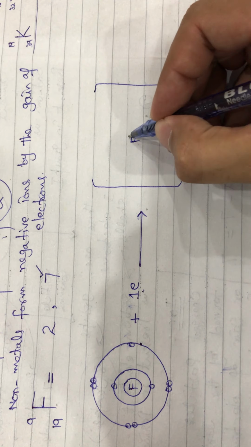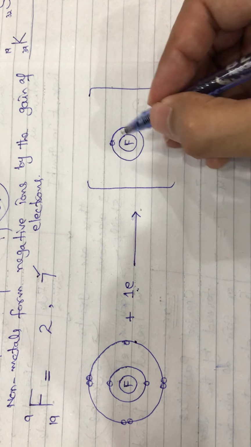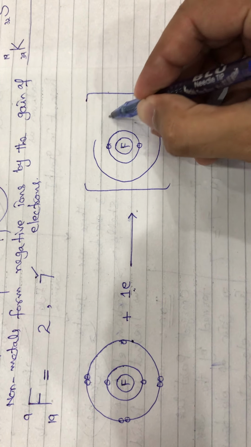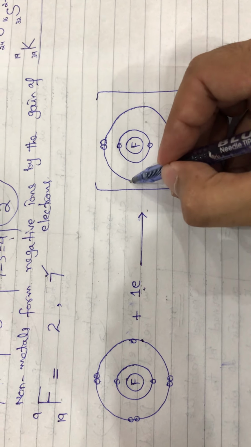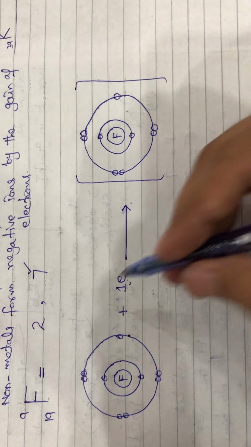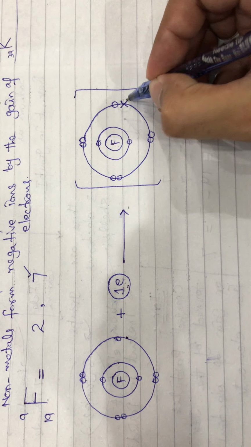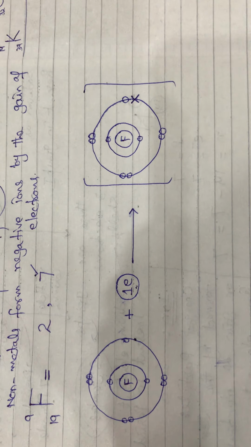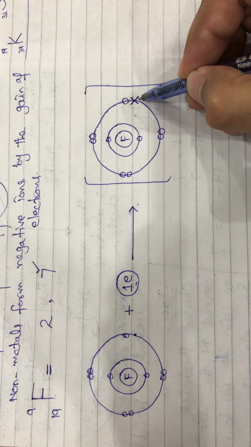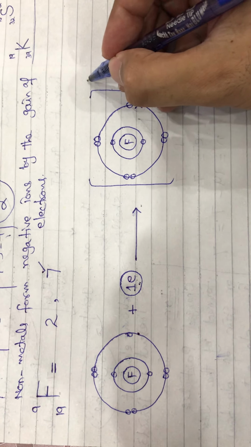Now what would be the electronic structure of the fluorine atom, fluorine ion, sorry. So fluorine in its first shell, how many electrons? 2 electrons, and in its last shell 2, 4, 6 and 7. It already has 7 electrons and 1 electron that it has gained, so that 1 electron is written with a cross in order to show a difference in electrons, that this electron is not from this element, it has gained from another source.